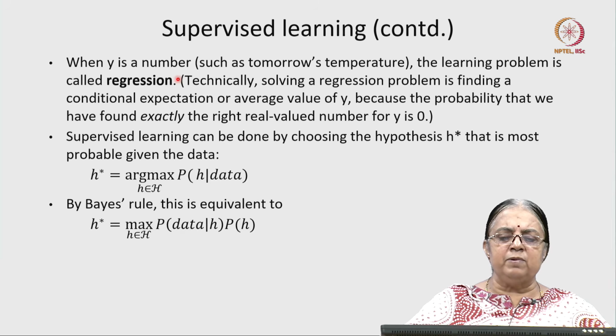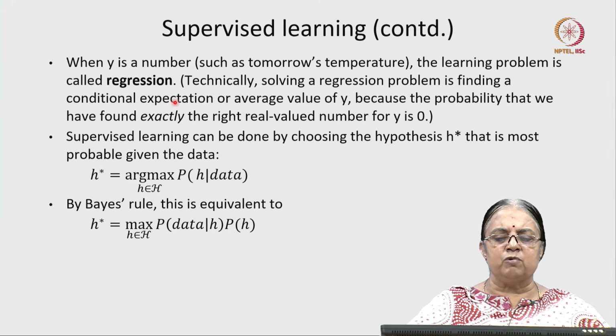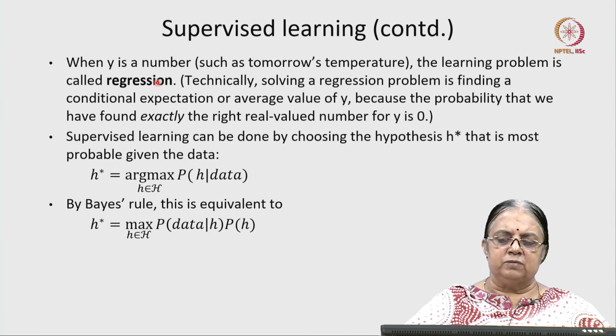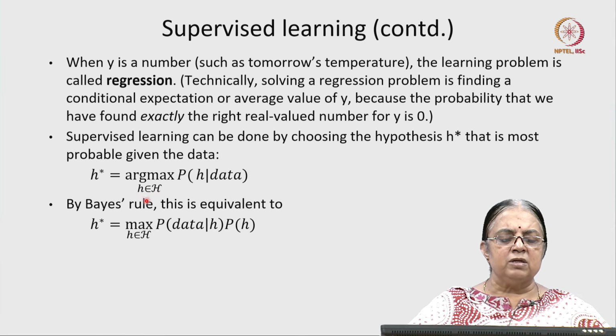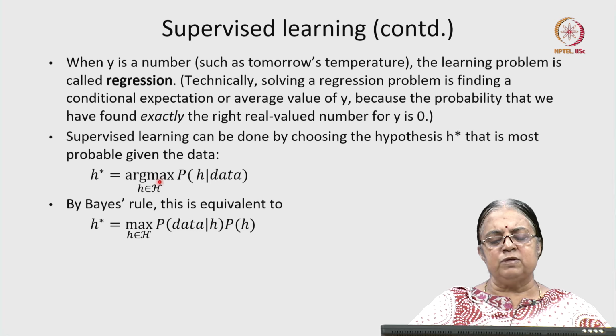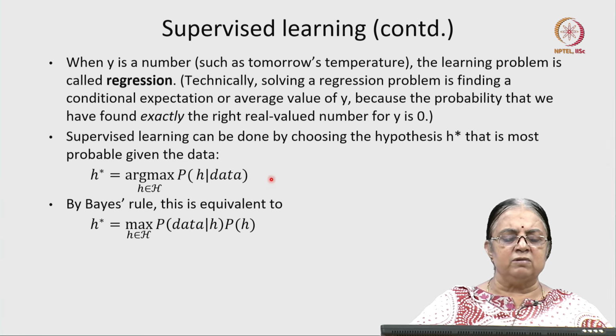And when y is a number, then you call it a regression problem, which we already spoke of. So, in supervised learning we are trying to find h, the optimal hypothesis. If you have different hypotheses, capital H, what you are trying to do is find the hypothesis which gives the maximum probability of H given the data.